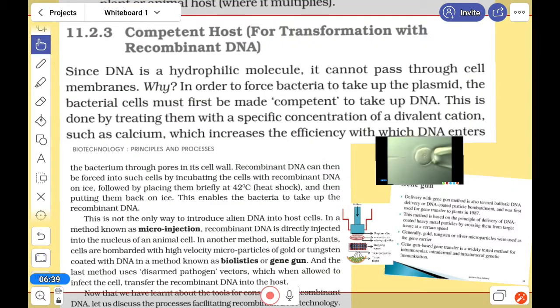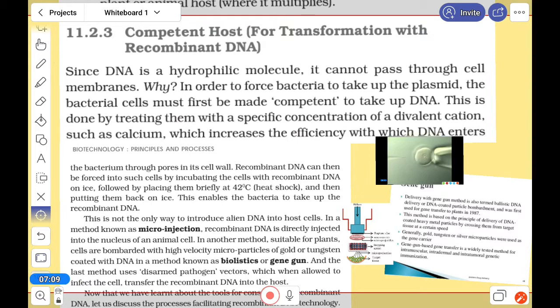We are trying to introduce DNA into any other organism, but this process is not very easy. You know that DNA is a hydrophilic molecule, so it cannot pass through the cell membrane. Even if we insert it manually, it is very difficult.